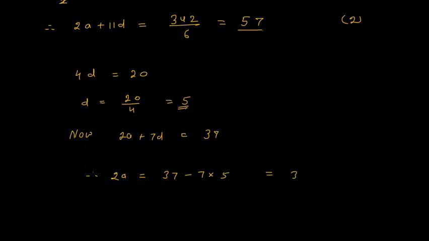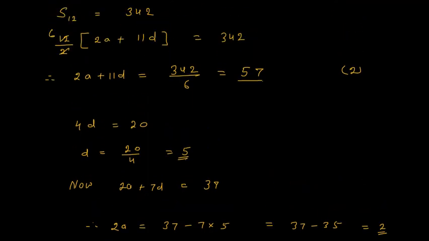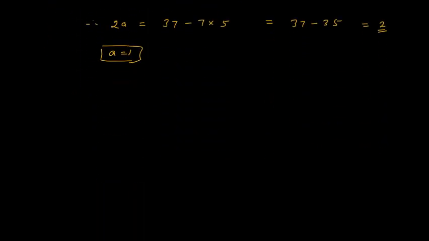So this is 37 minus 35, it is 2. So the value of a is 1. So the value of a is 1 and the value of d is 5.